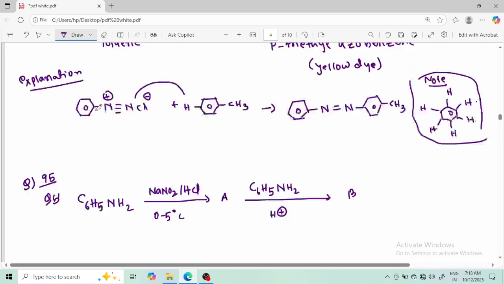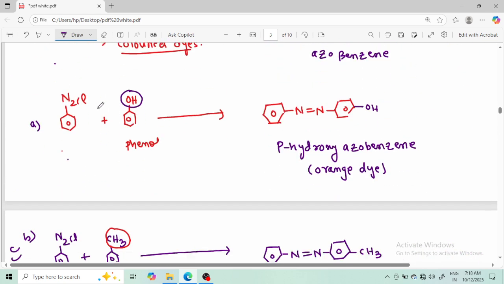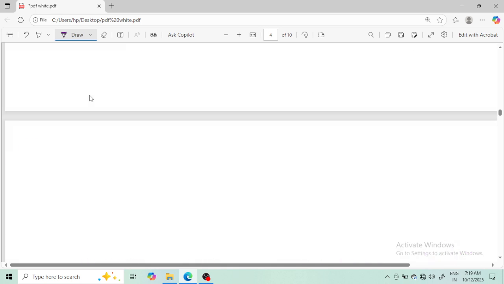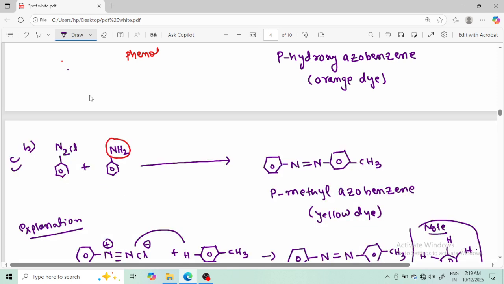Student, there is one correction. This one is not toluene, okay? You have to react this one with aniline. I have made one mistake here, so this one has to be NH2. My mistake. This is not toluene, this is aniline. So here this will be NH2, and here in this case it will be amino.